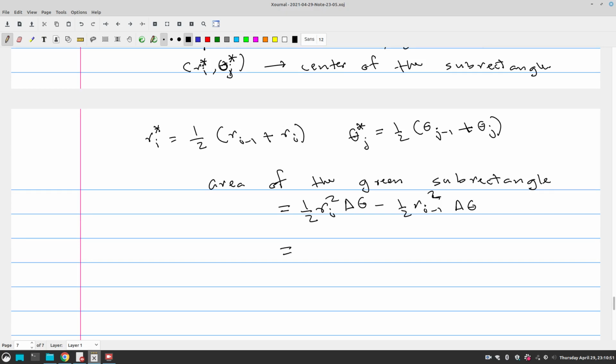So this simplifies to half of r_i squared minus r_{i-1} squared, and delta theta is of course theta_j minus theta_{j-1}.